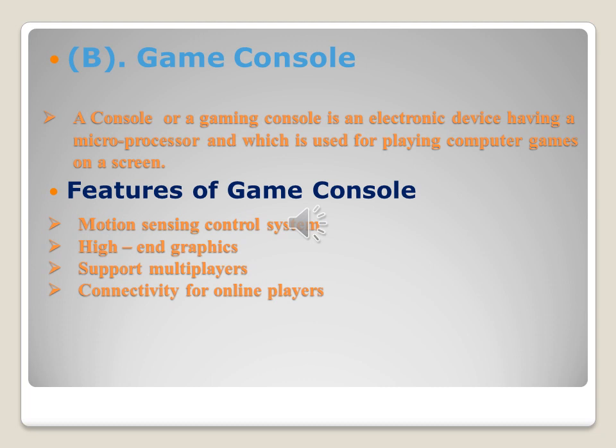The main features of game consoles are motion sensing control systems, which is used to control a motion in a game, high end graphics, that means the characters will be of high definition. It supports multiple players, that means more than one player can play games, and it also has connectivity for online players. That means if any games are to be played online throughout the world, then that also we can play in a game console.